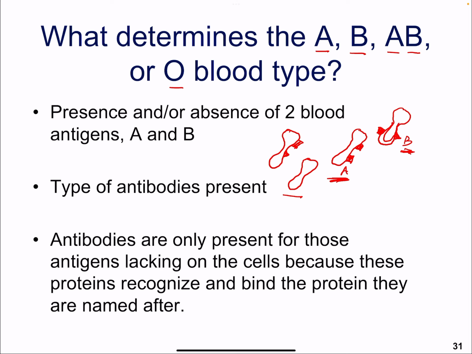In other words, if you are blood type A and you never came across blood type B through an accident or anything, you will not have antibodies against B. You can only have antibodies against B if by accident you receive blood from someone who is B while you are A, right?